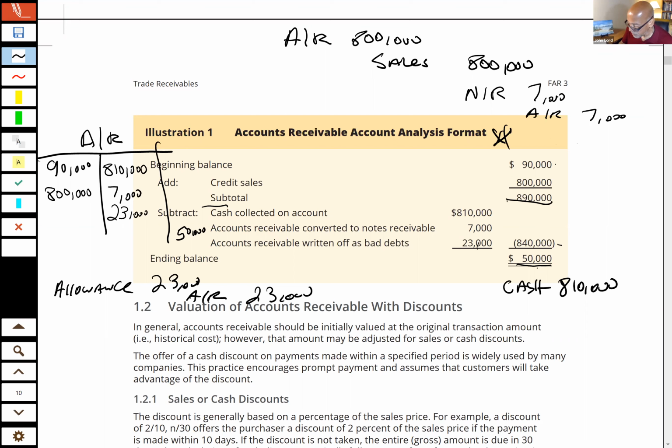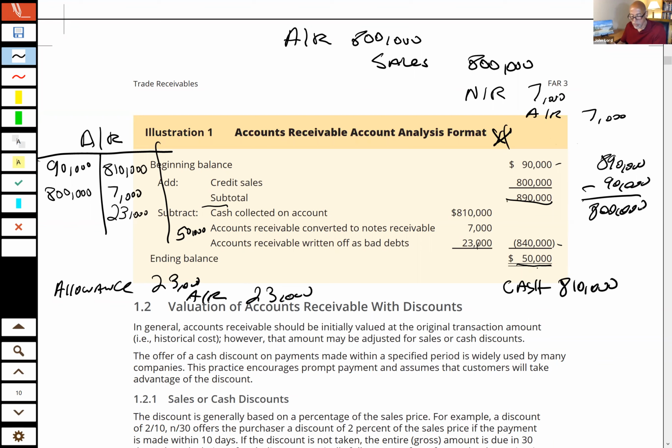And if the beginning balance was 90, then I do a little side calculation, 890 minus the 90,000 beginning balance, means the adds were 800,000, okay?